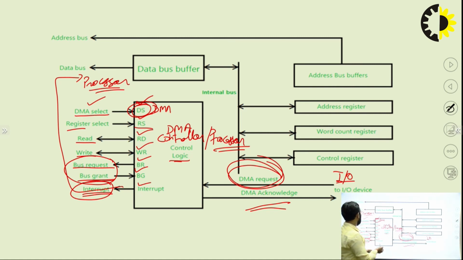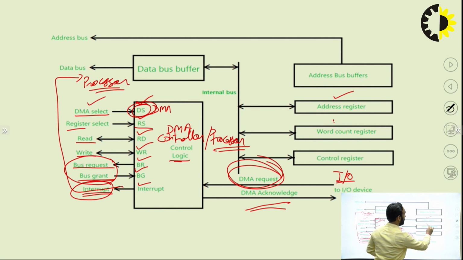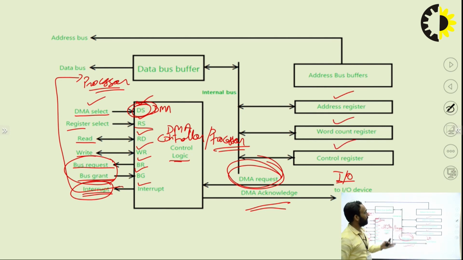After that, whether a read or write operation is requested by the IO devices will be assigned to it, and the concerned operation will execute between the IO devices. As I said earlier and discussed the registers, we have these registers here: address register, word count register and control register. I discussed earlier what they contain.